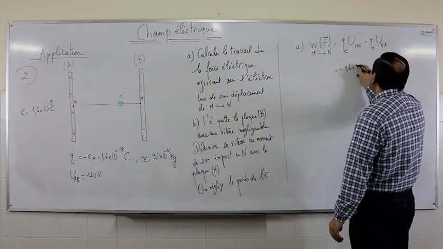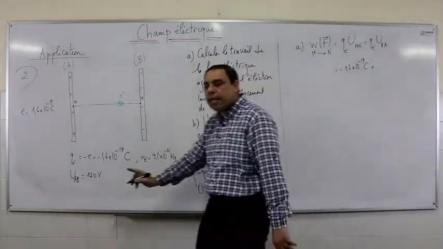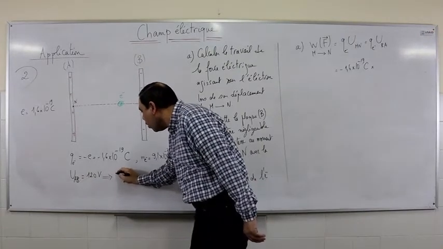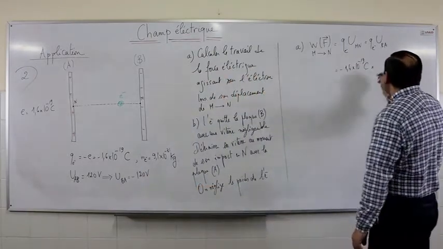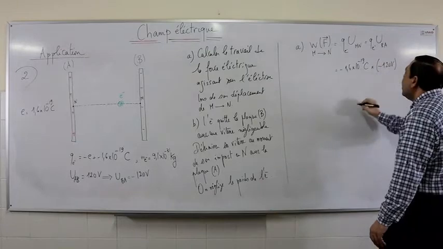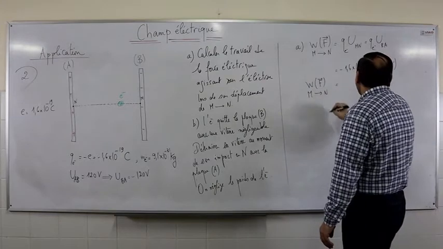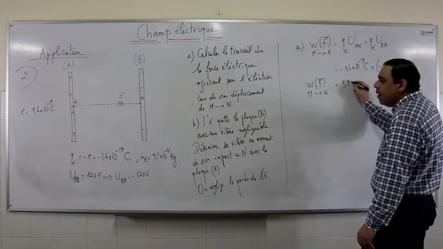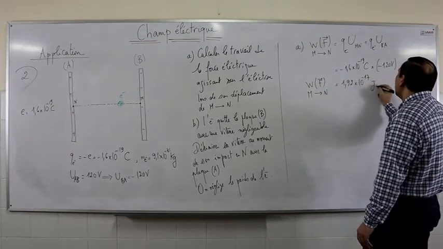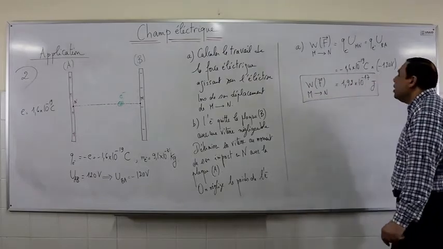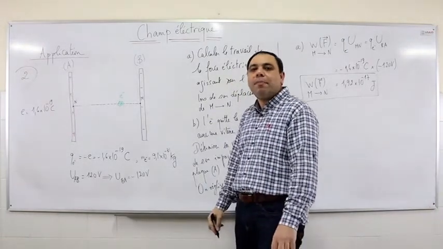The electron's charge is minus 1.6 times 10 exponent minus 19 coulombs. We have UAB 120 volts, hence UBA is equal to minus 120 volts. As a result, the work of the force F between M and N is equal to 1.92 times 10 exponent minus 17 joules. This is the work of the electric force applied on the electron when it moves from M to N.